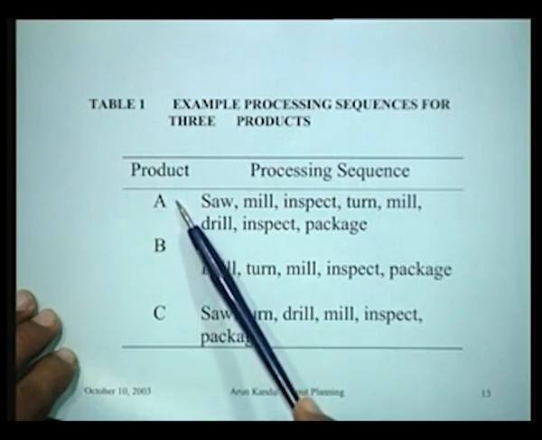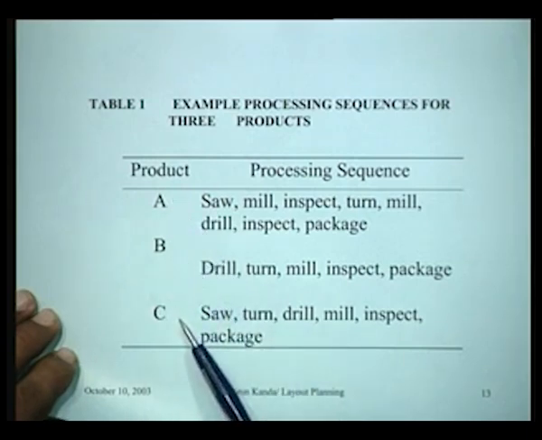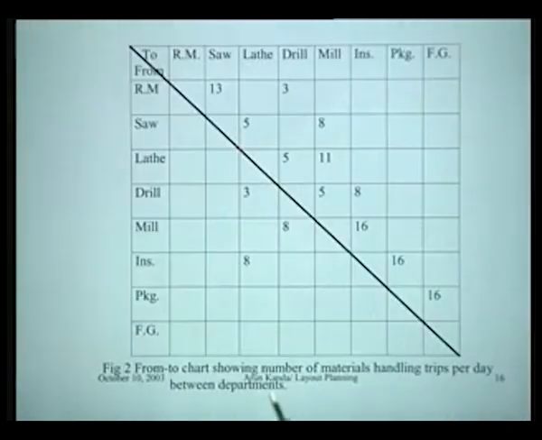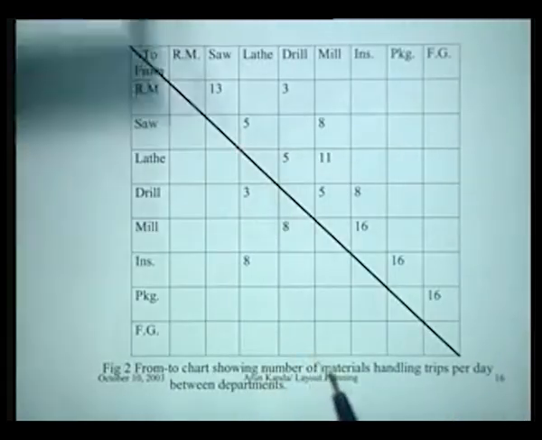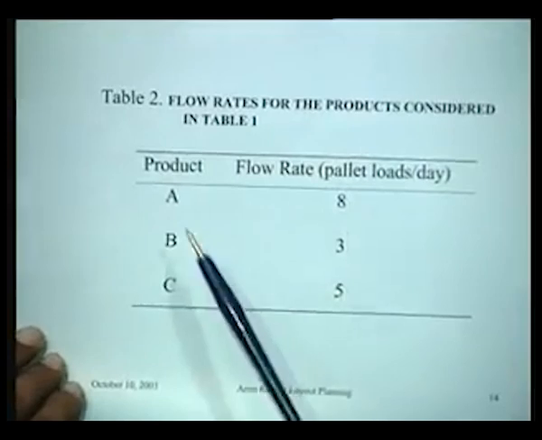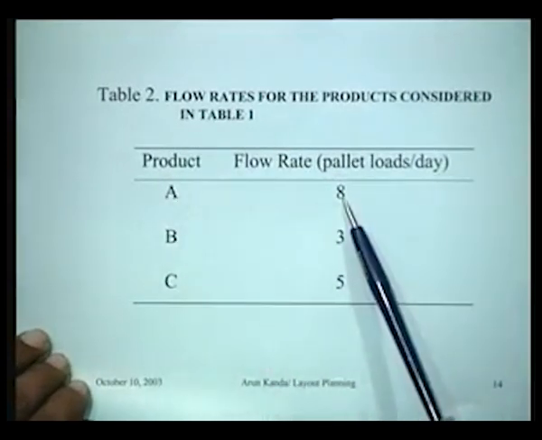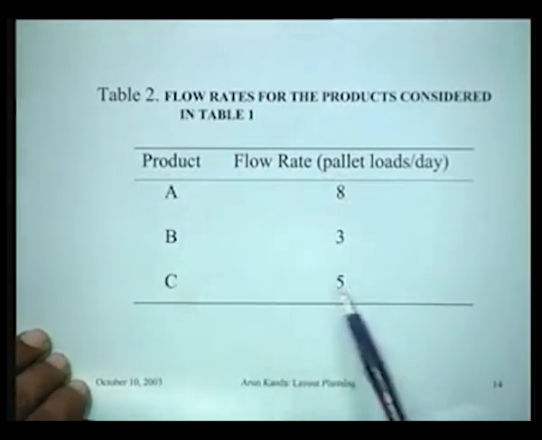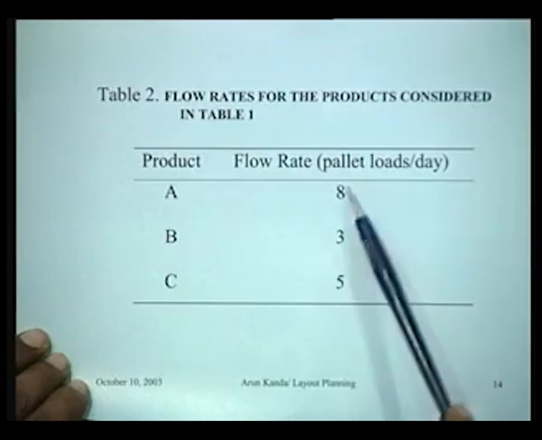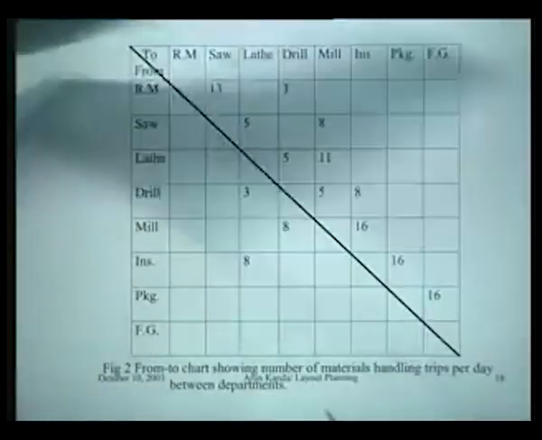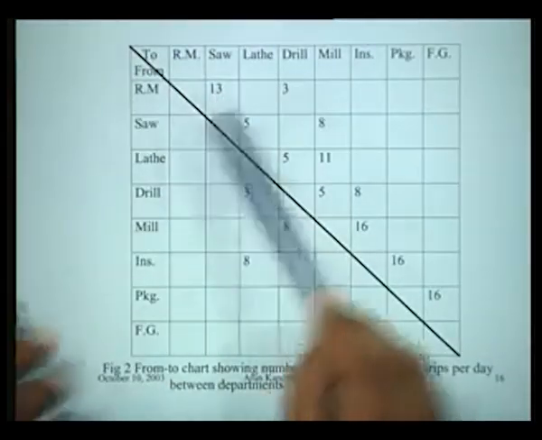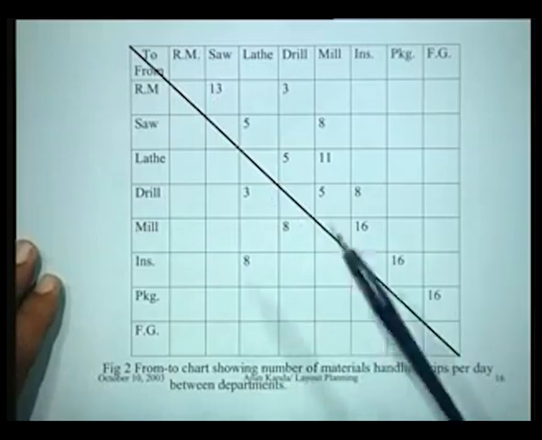So as far as this is concerned, products A and C will make a movement from raw material to saw, and you can easily find out what is the total movement of raw materials of products A and C. So A is 8 trolleys are moving and C is 5 trolley loads are moving. So 8 plus 5 is 13. That's how you get this figure of 13. And similarly for the other entries in this particular chart.